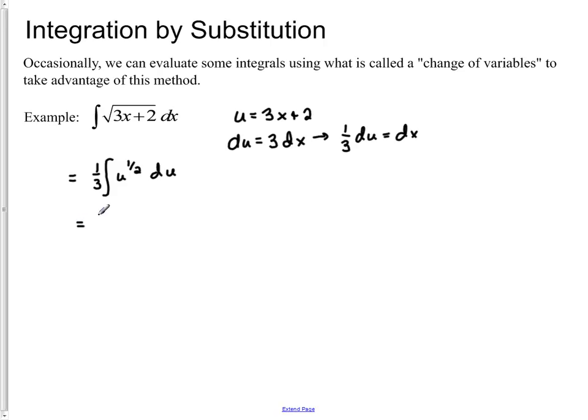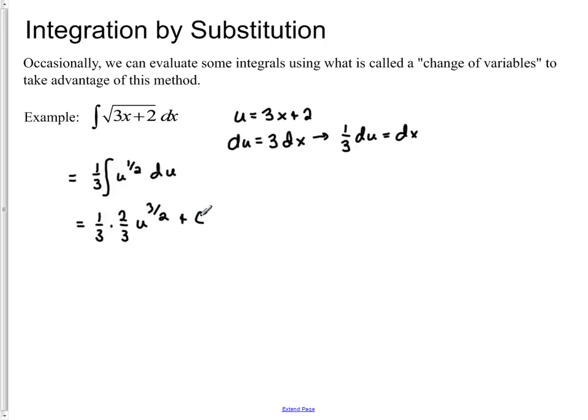And so we'll end up with an antiderivative of 1/3 times, let's see, 1/2 plus 1 is 3/2. We've got 1 over 3/2, so we've got 2/3 of u to the 3/2 power plus a constant.